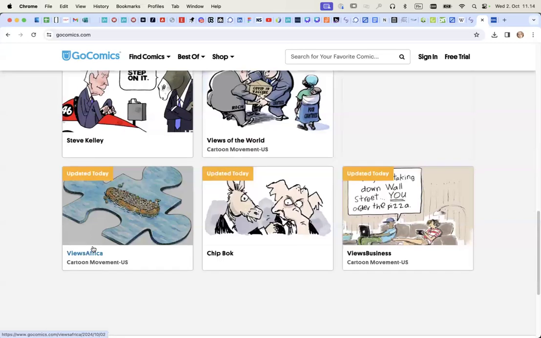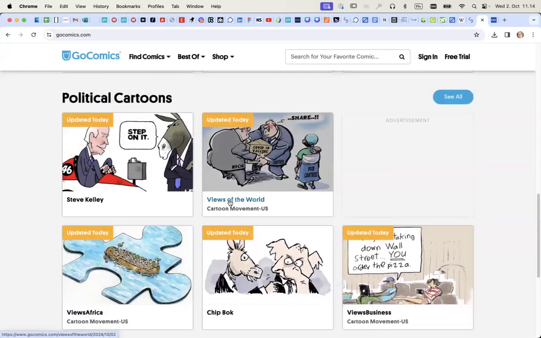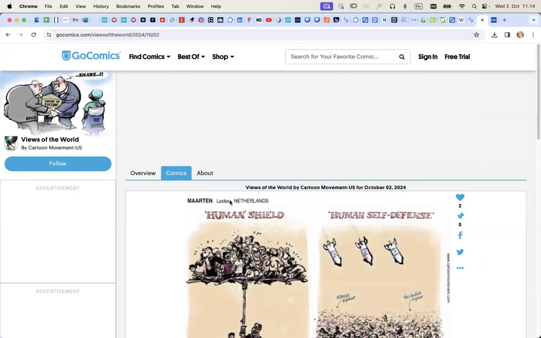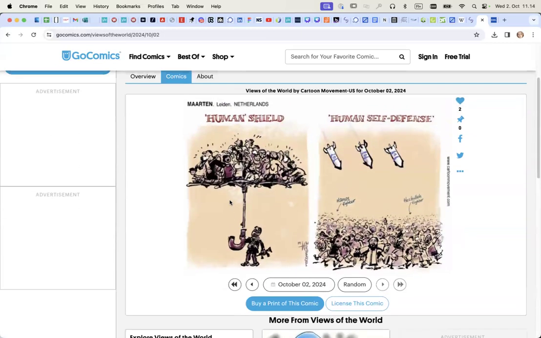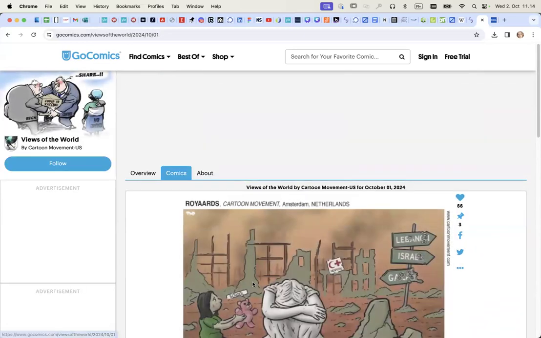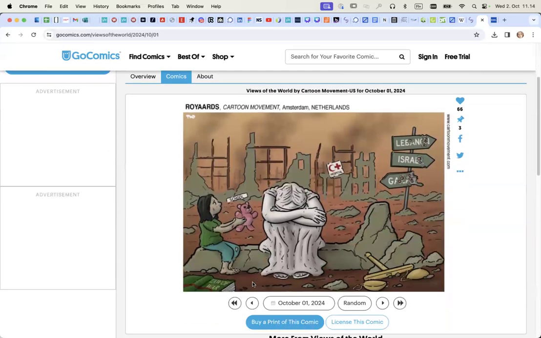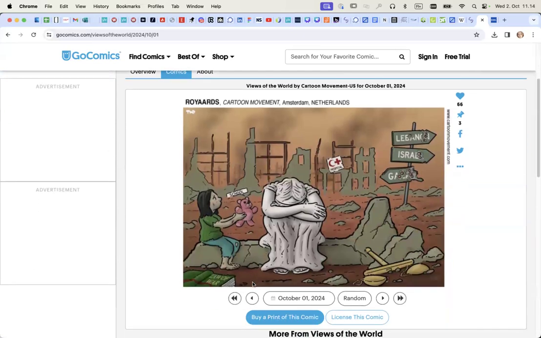Okay, Views Africa, Views of the World. See what there is. So I'm guessing they are collecting political cartoons from different parts of the world here. That was from the Netherlands. It's also someone from the Netherlands.